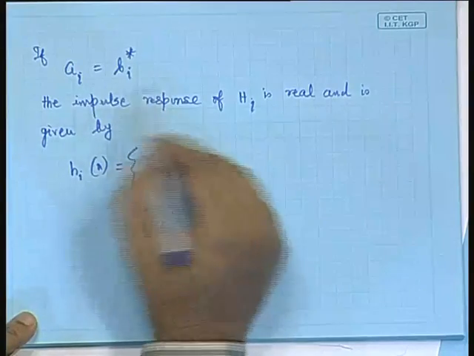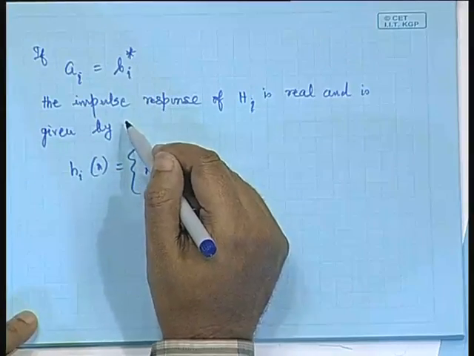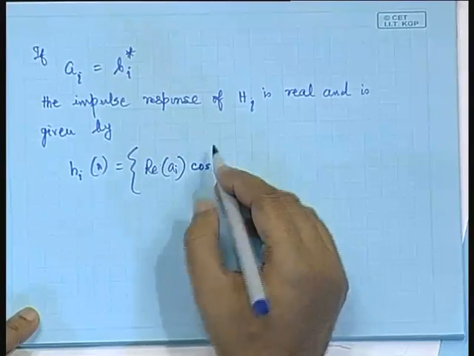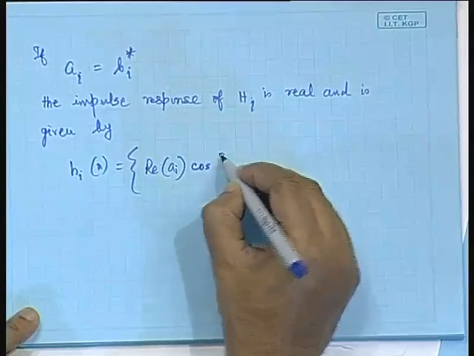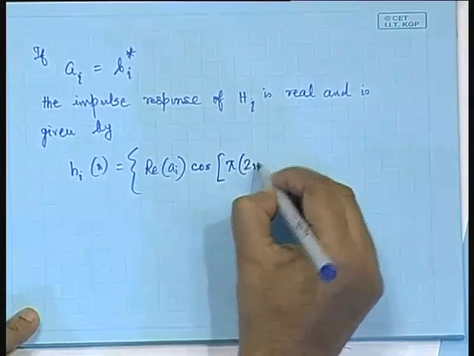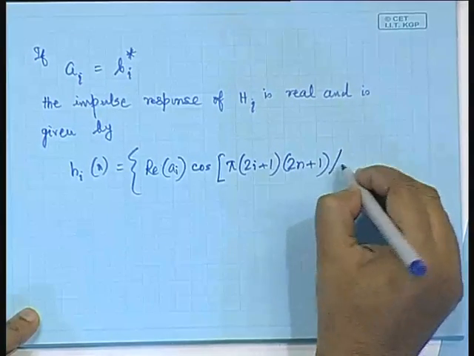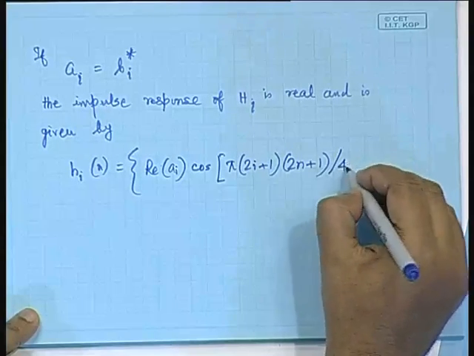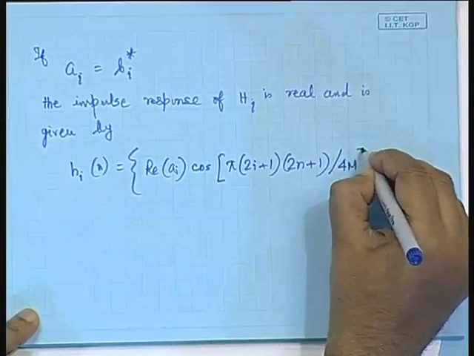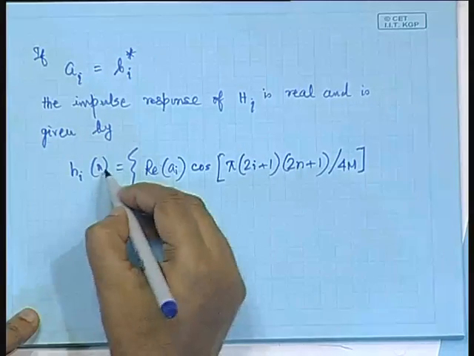What you have to do is to break up the complex exponential term into the sine and cosine and impose the restriction that A_i is equal to B_i star, whereby you will find that the imaginary parts cancel out, and what you will obtain is the real part of A_i times cosine pi (2i plus 1)(2n plus 1) divided by 4m. So, this is the h_i(n).